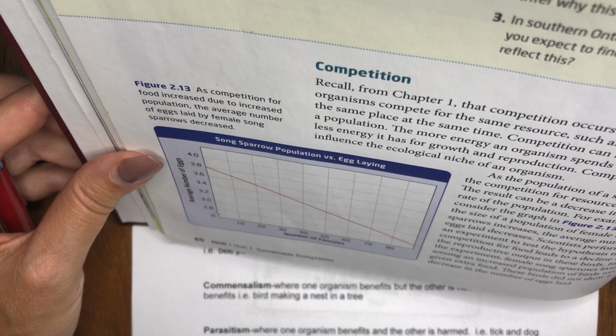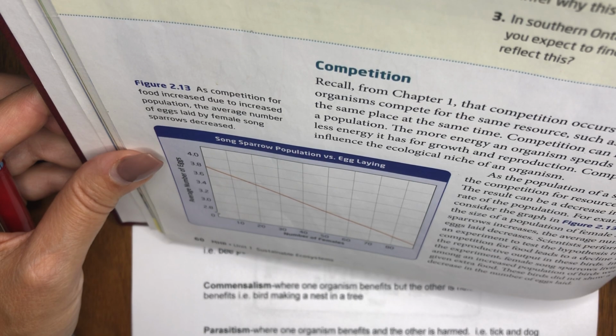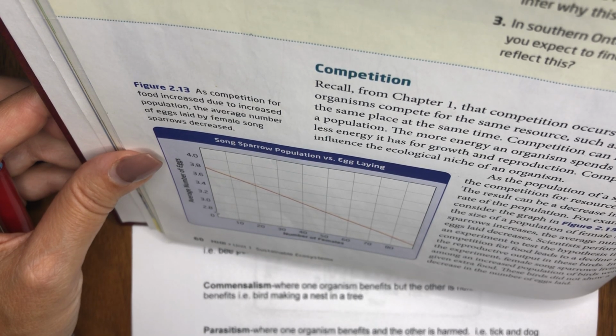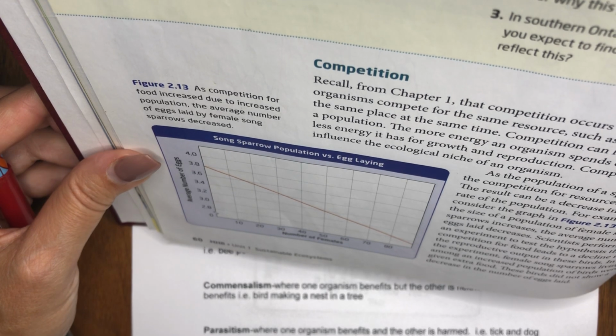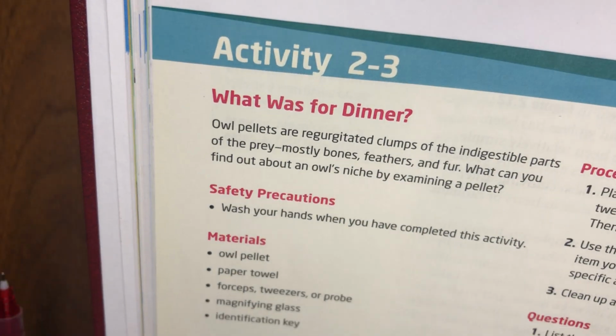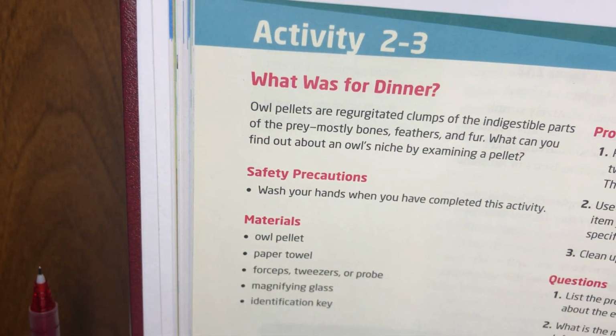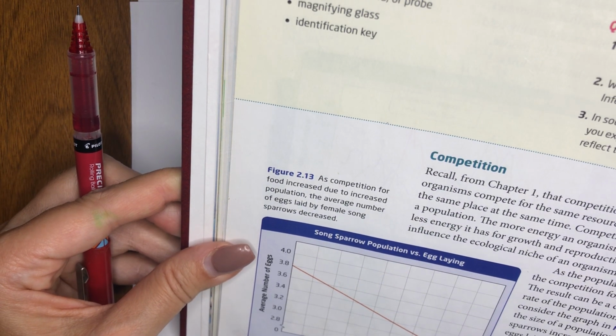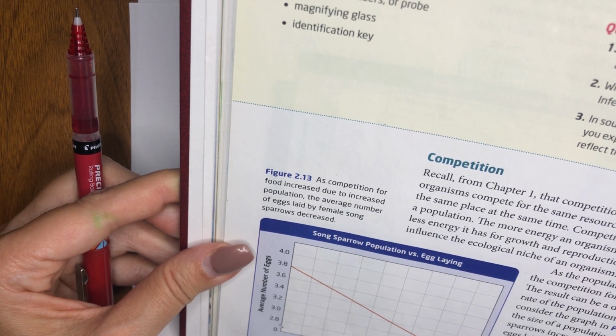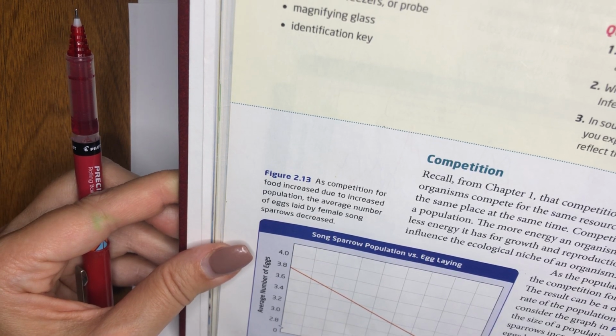Okay, why? Because the female song sparrows that were given extra food did not show a decrease in the number of eggs laid. So that is an example of competition. So competition limits the size of a population because, why?